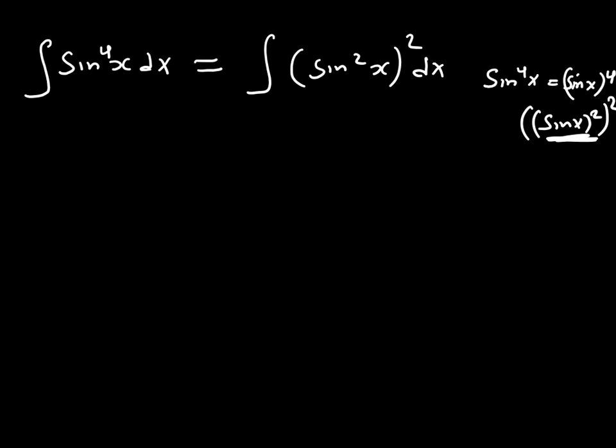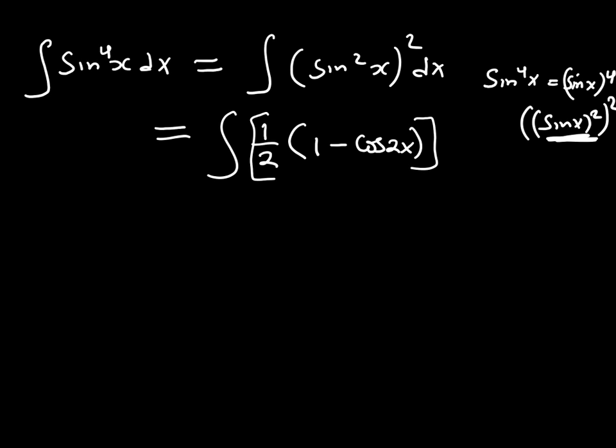But how do we write sine squared in terms of a double angle? We know that sine squared in terms of double angle is a half of 1 minus cos 2x. Then we go ahead to square this and integrate with respect to x.